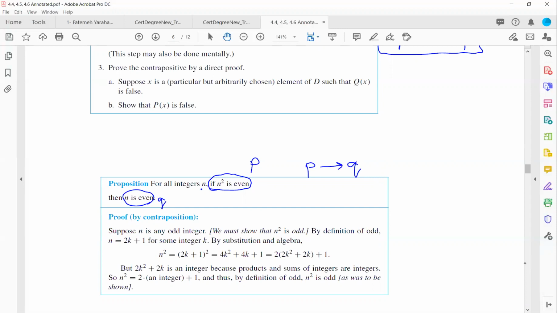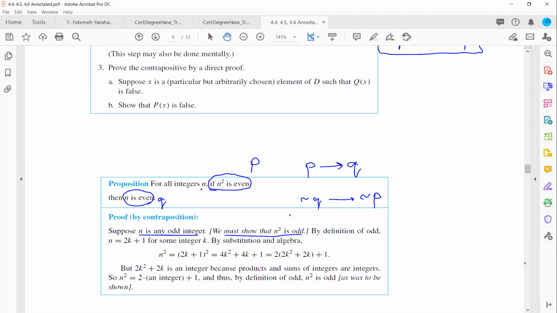Instead, we write its contrapositive, which is not Q, then not P. It means that if n is not even, then n squared is not even. If n is odd, we want to show that n squared is also odd. It's not that hard to prove.